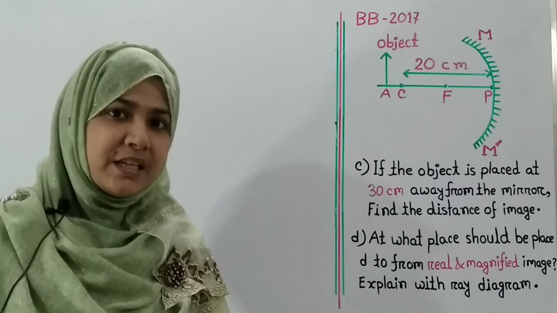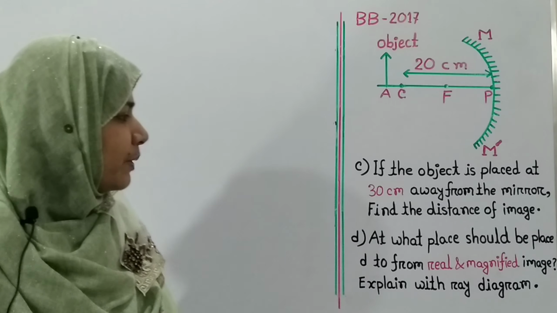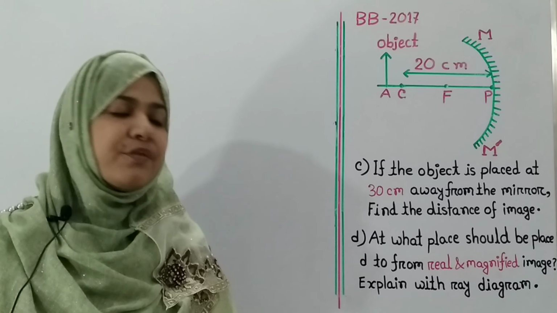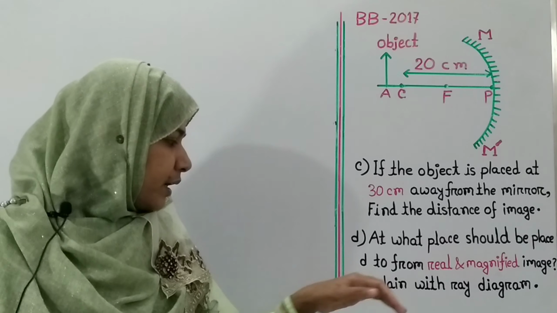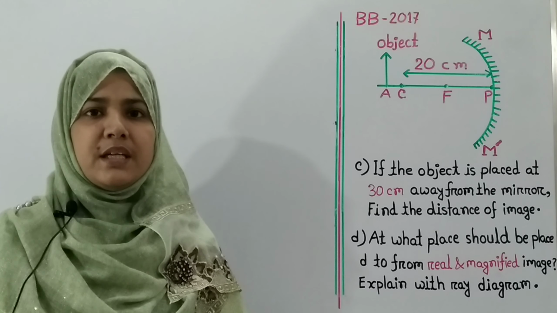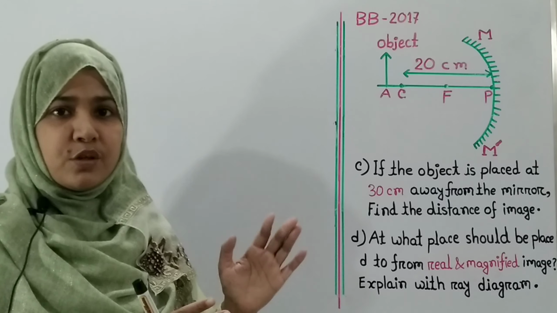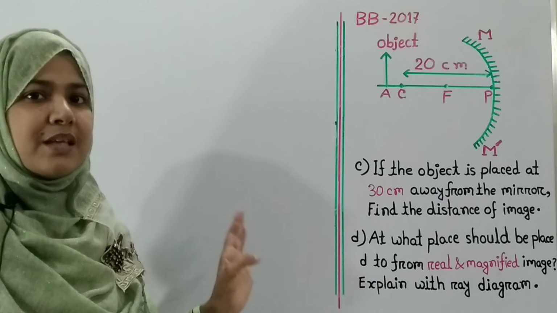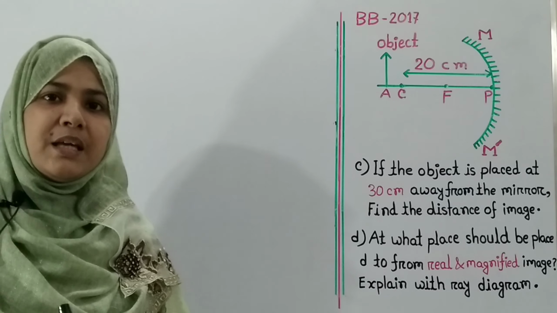Now question number D. The question is, at what place should the object be placed to form a real and magnified image? Explain with a ray diagram. In this question, you just need to draw the ray diagram and explain the nature, size and place of the image.